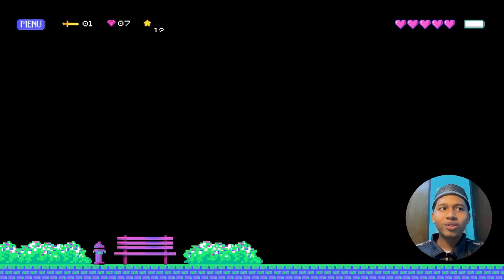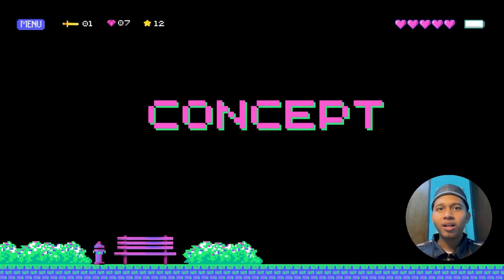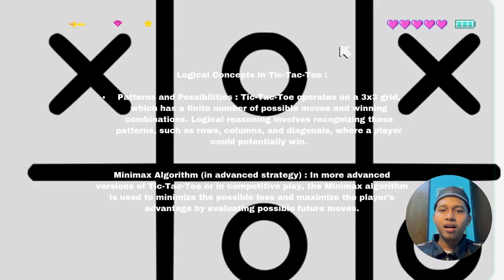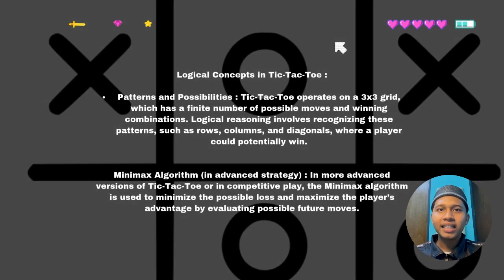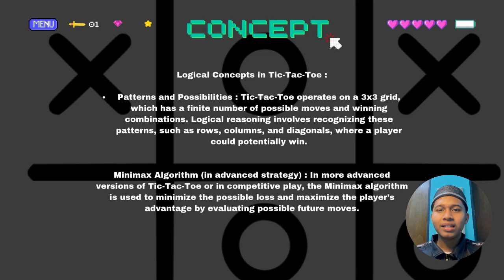Next, I will continue this discussion with logical concepts in tic-tac-toe. First, patterns and possibilities. Tic-tac-toe operates on a 3x3 grid, which has a finite number of possible moves and winning combinations. Logical reasoning involves recognizing these patterns such as rows, columns, and diagonals, where a player could potentially win.